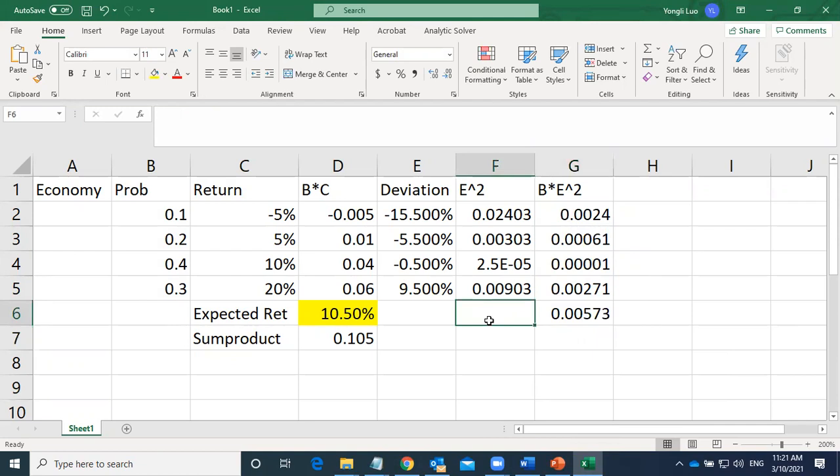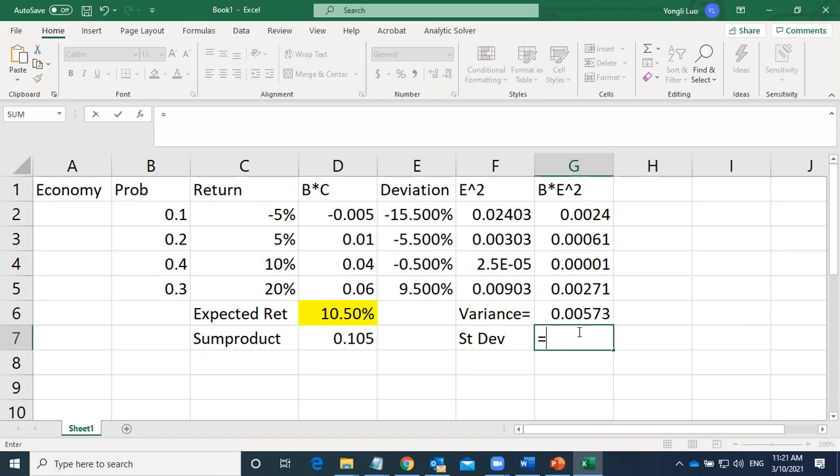No, right? This is called the variance. You sum those probability times squared deviation values, and that is the variance. The difference between variance and standard deviation is that you take the square root of the variance, and that will be your standard deviation.